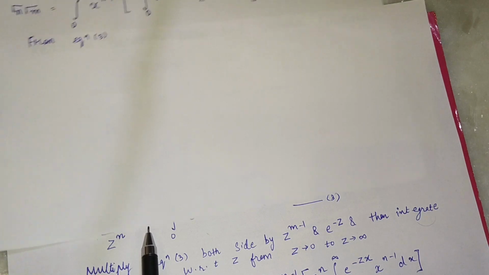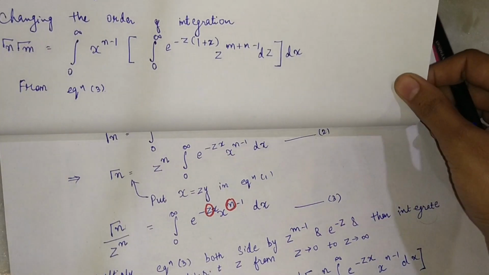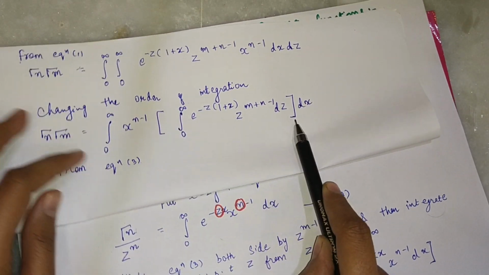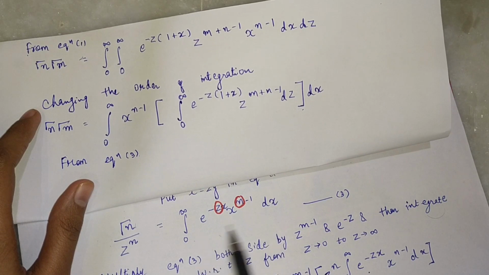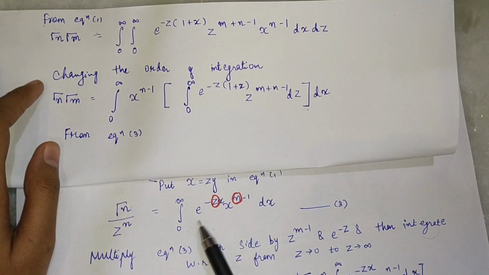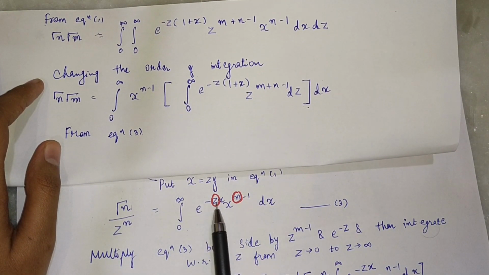Okay, you can see that this whole integral term is equivalent to this whole integral term. Okay, and whenever we get such type of term, we can directly write in this form.